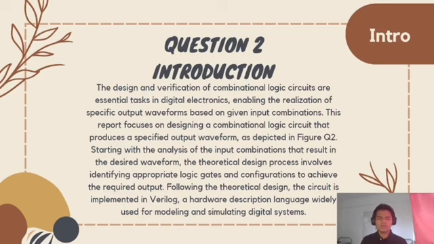Starting with the analysis of the input combinations that result in the desired waveform, the theoretical design process involves identifying appropriate logic gates and configurations to achieve the required output. Following the theoretical design, the circuit is implemented in Verilog, a hardware description language widely used for modeling and simulating digital systems.